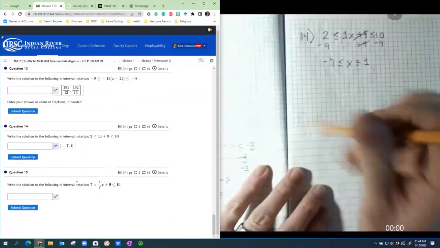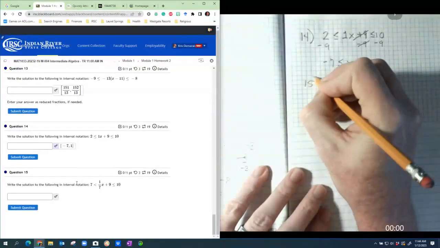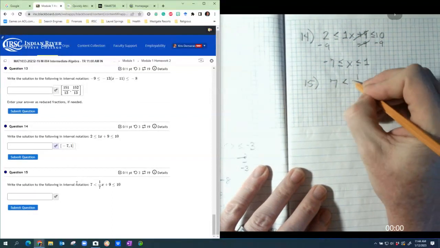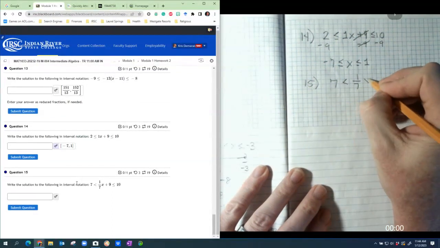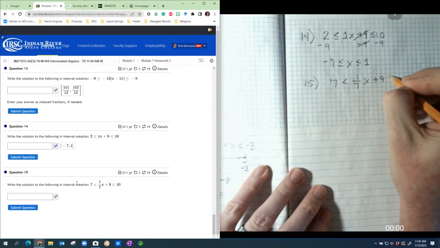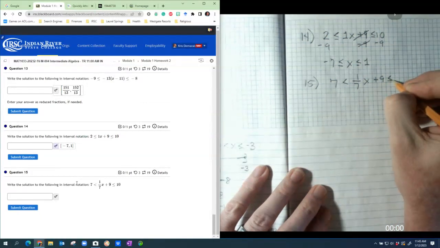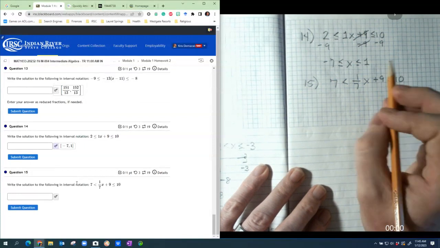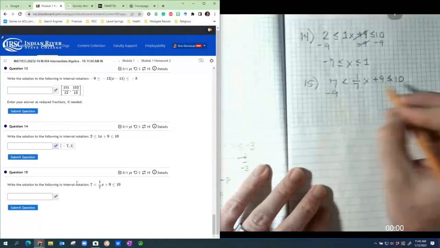And the last and final one, number 15. We're going to add or subtract 9 from both sides, or everything.